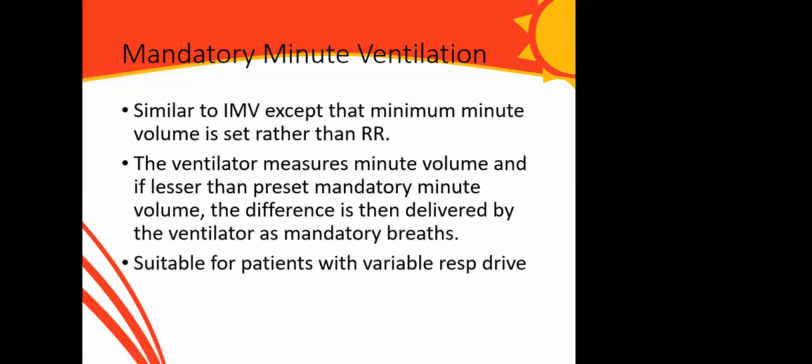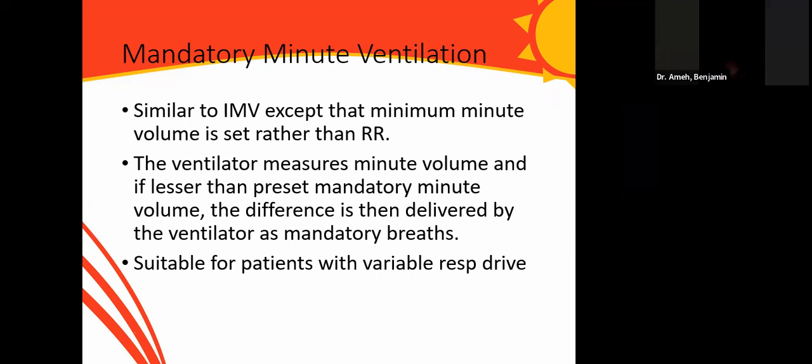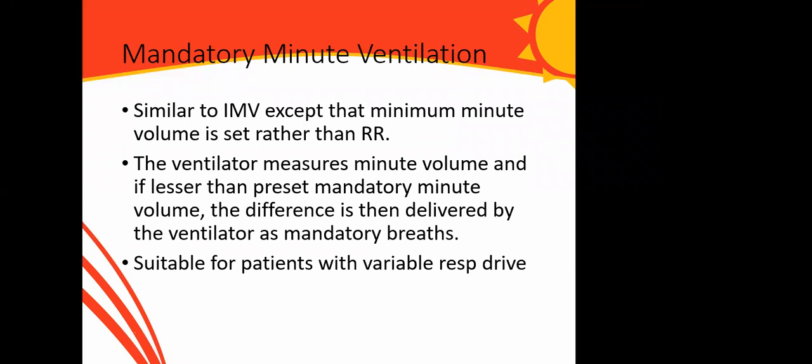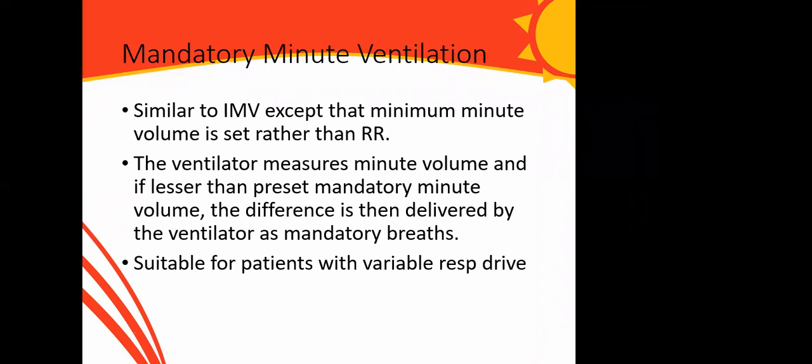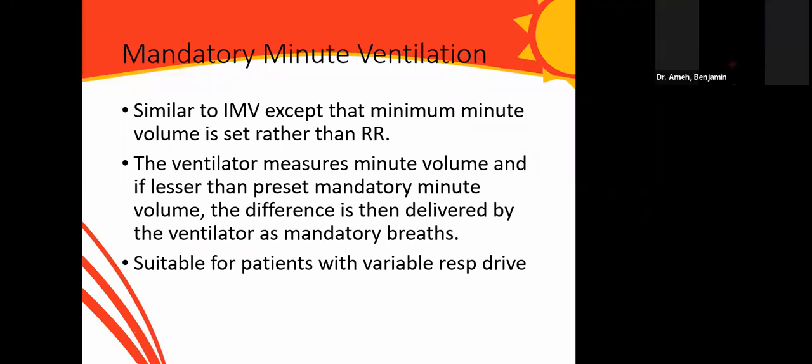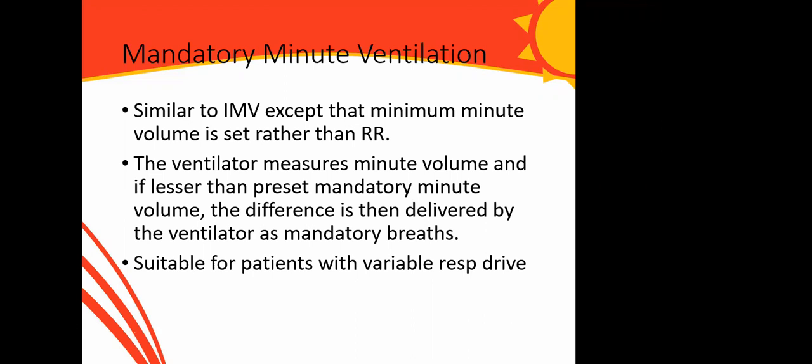Don't forget that minute volume is respiratory rate times tidal volume. So this is suitable for patients that have variable respiratory drive. They are hyperventilating one minute, they are hypoventilating the second minute. So instead of just presetting respiratory rate, you want the minute volume to be delivered at all times. This is what we mean by mandatory minute ventilation.